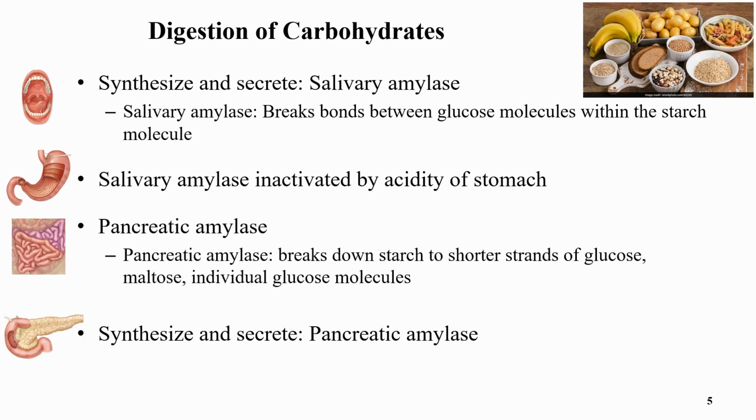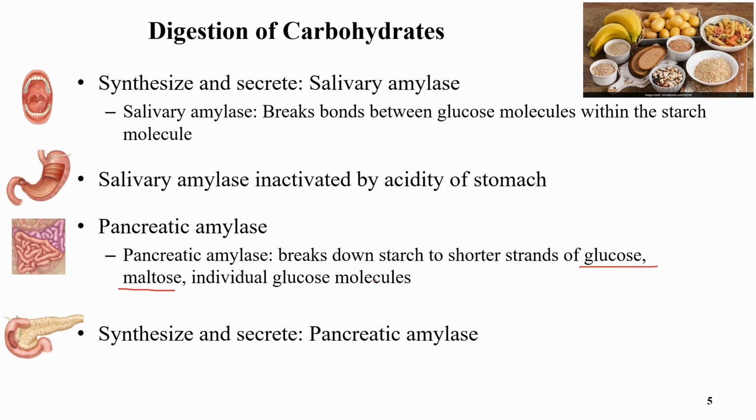And so it breaks the straight chain oligosaccharides that were formed in the mouth down into smaller units. It could even go as far as simple sugars like glucose itself, or it could be disaccharides like maltose.